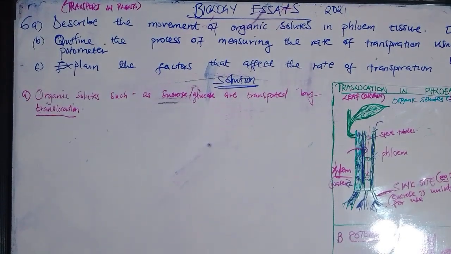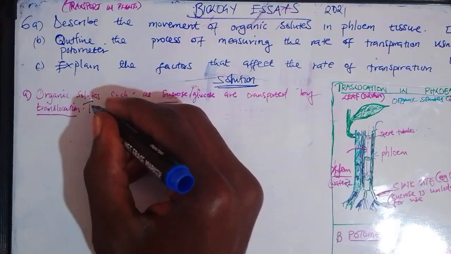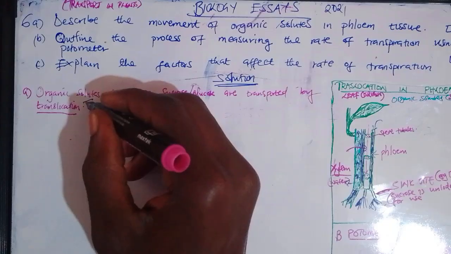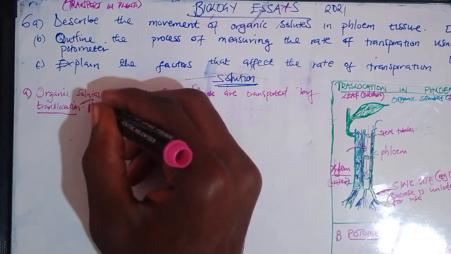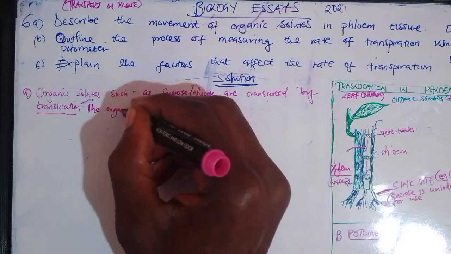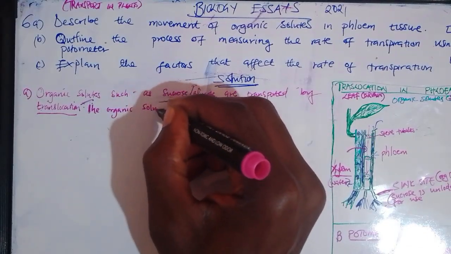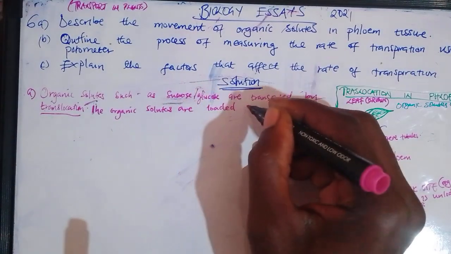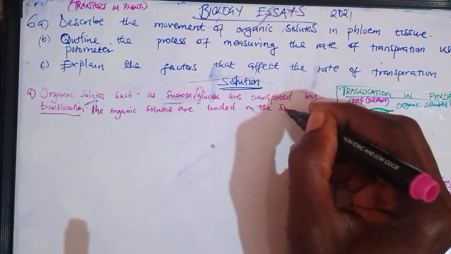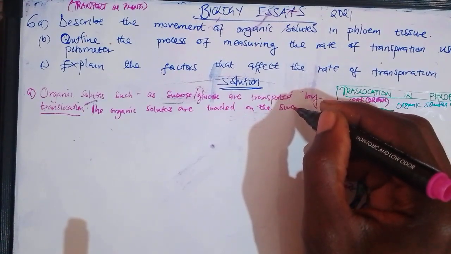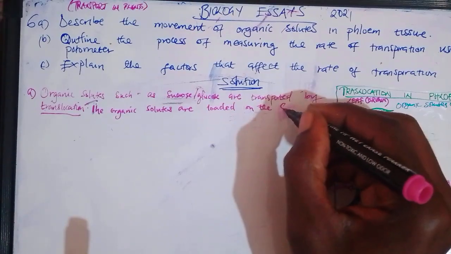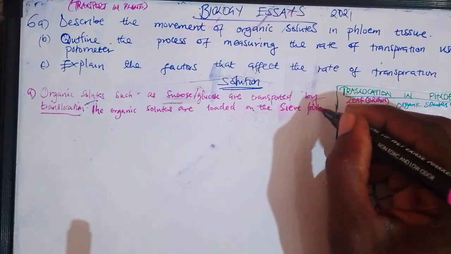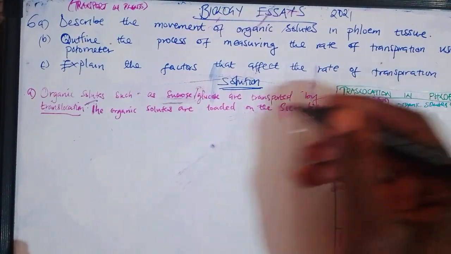Then once you say that, now you can explain how translocation occurs. So now you can say, the organic solutes are loaded on the sieve tubes at the source.